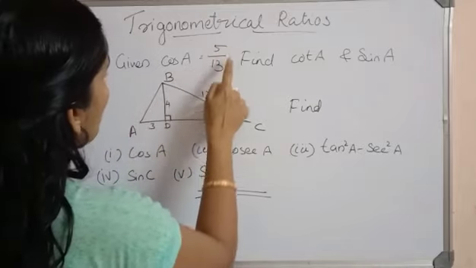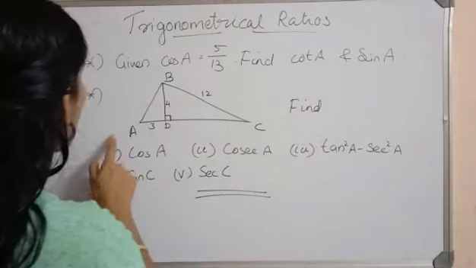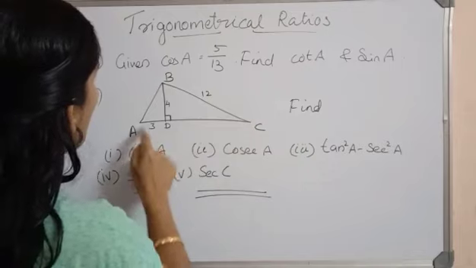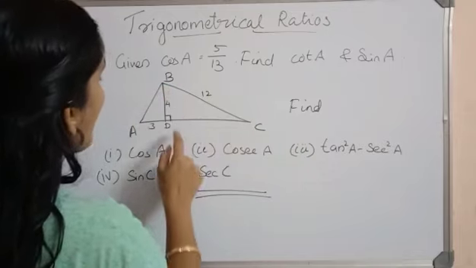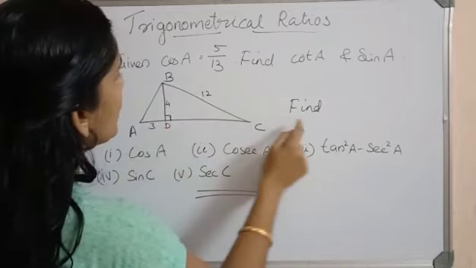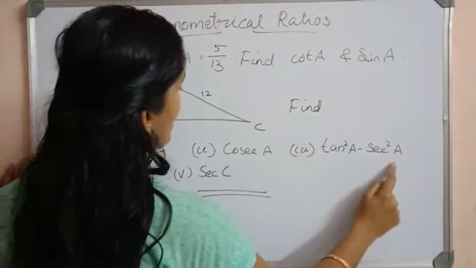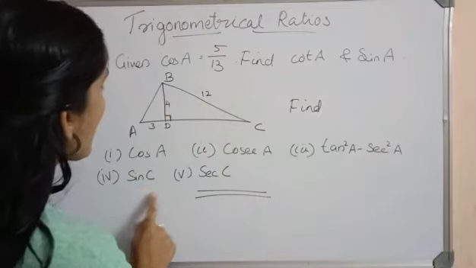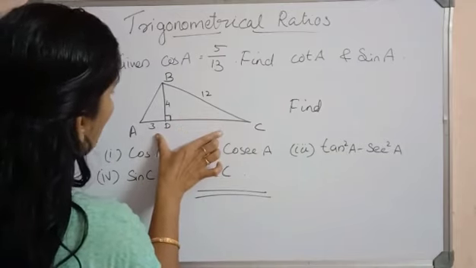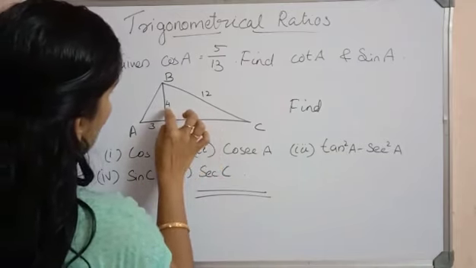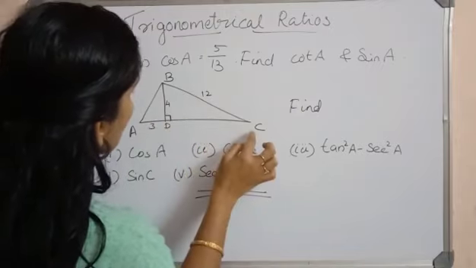Given cos A is 5 by 13, find cot A and sin A. That's the first question. In the second one, there's a triangle ABC where angle B is 90 degrees and angle D is also 90 degrees. You need to find cos A, cosec A, tan square A minus sec square A, sin C and sec C. Here you don't have the value of AC, but you know the sides of triangle BDC: BD is 4 and BC is 12.